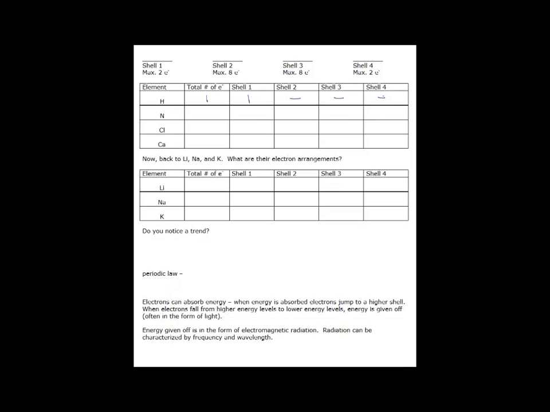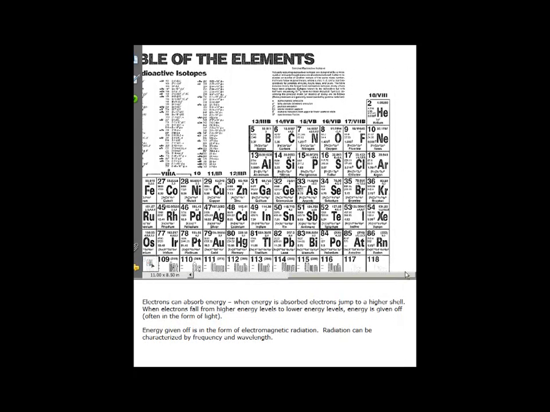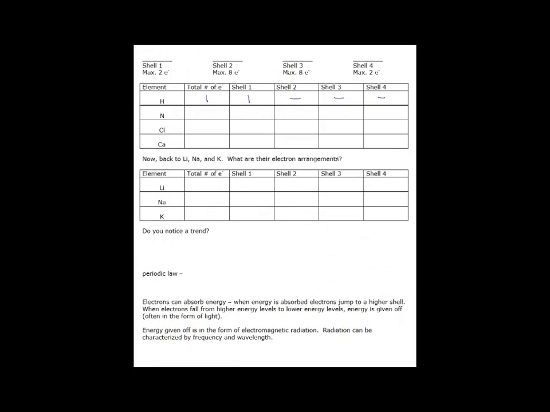Now nitrogen has 7 electrons, has an atomic number of 7. So if I park the first 2 electrons in shell 1, because that's the max that shell 1 can contain, then the remaining electrons would have to be parked in shell 2, because the sum of these has to equal the total.